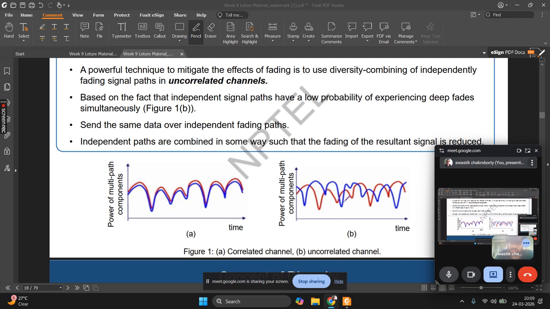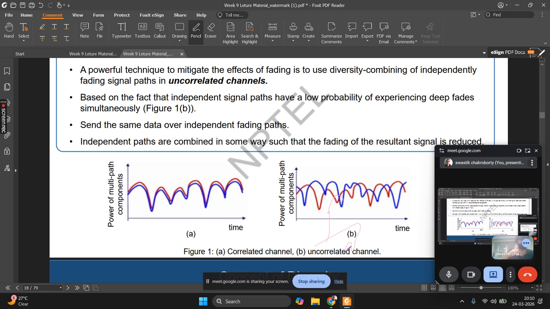Say you are sending three copies of the same signal. One copy might be heavily faded, but the other copy might follow another path because it is released from another antenna. In that path it might not encounter as many interferences and blockages.